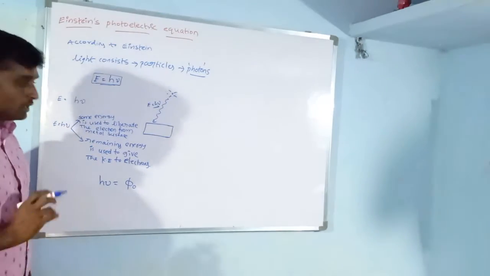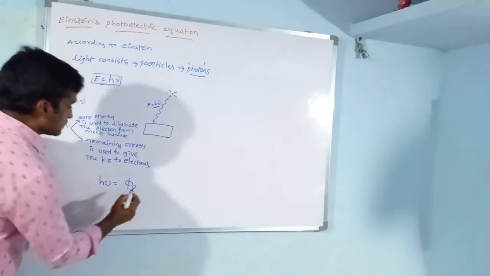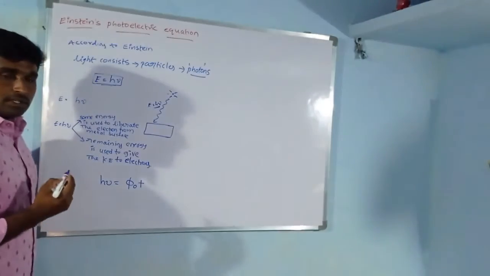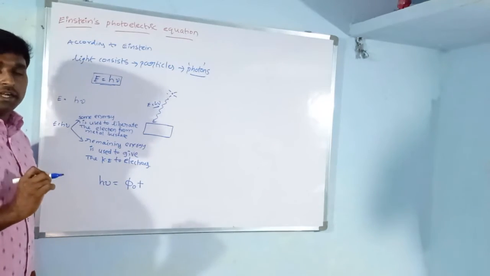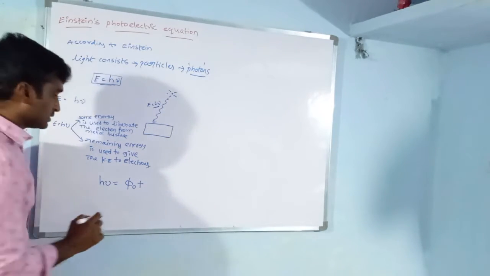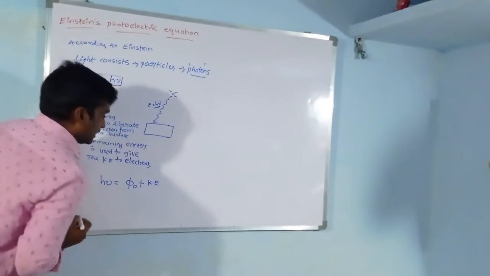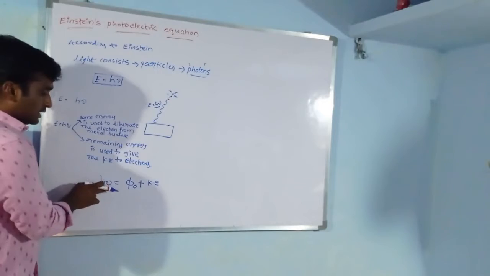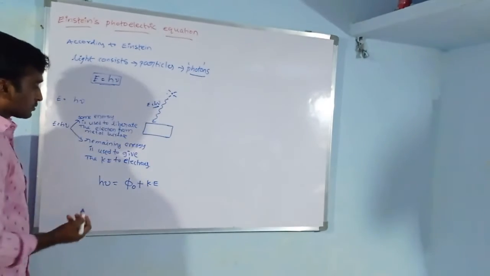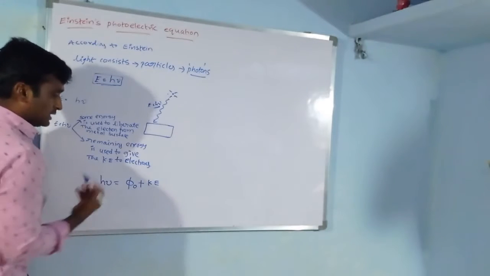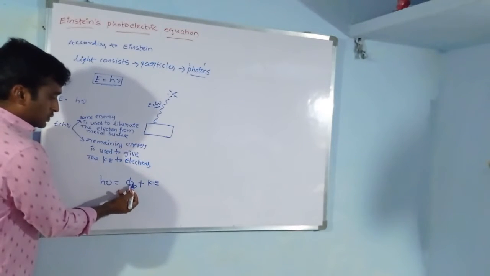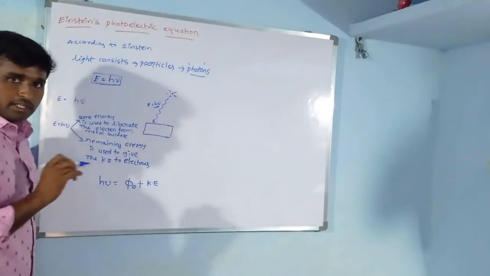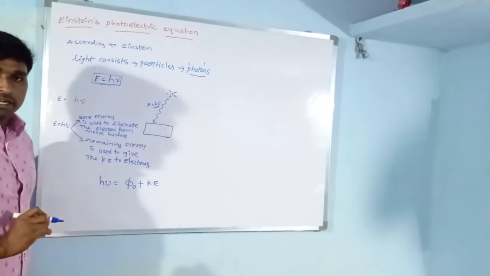This is the mathematical expression of the photoelectric equation: h nu energy is incident on the metal surface, some is used to overcome the work function, and the remaining energy is used to increase the kinetic energy of the electrons.